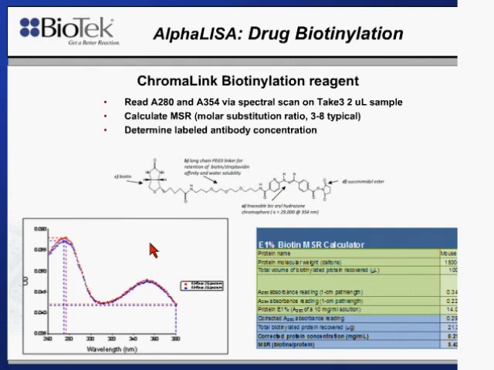In this particular instance, I did do two microliter samples, ran a spectral scan on those, and then I was able to recover those as well by pipetting them off of the slide and putting them back into my reagent vessel.